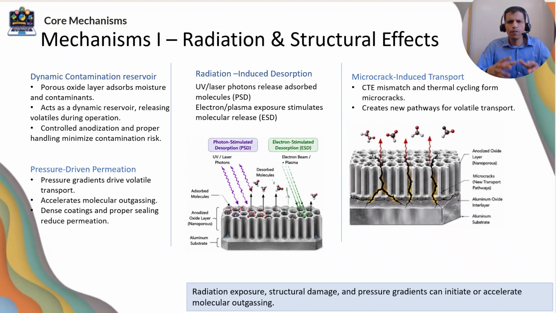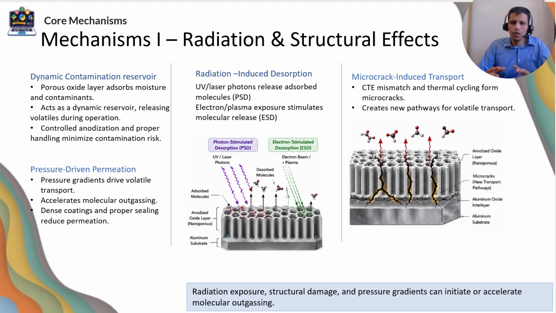So far we have seen different kinds of outgassing mechanisms, starting from surface desorption, hydrogen, and even electron, photon, pressure and dynamic reservoir types, and this microcrack type. Now we can start to think about how we can mitigate this.